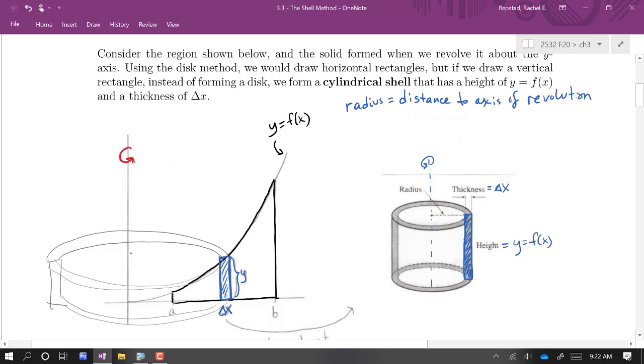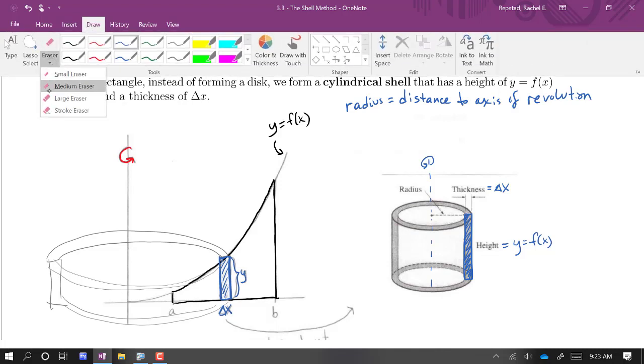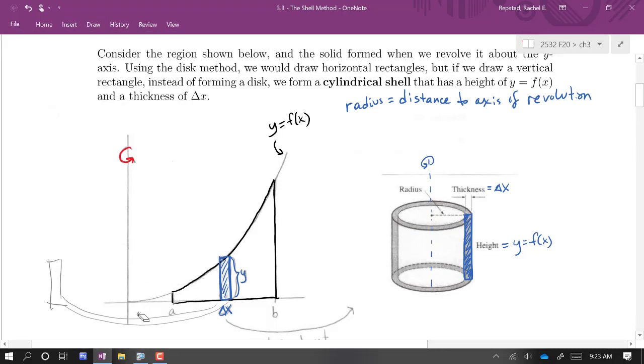So over here on the left side, I'm going to get rid of the gray marks I made of the inadequate shell. Over here on the left side, where we see the original region before we revolve anything, the distance from the axis of revolution out to the rectangle, that's the radius.